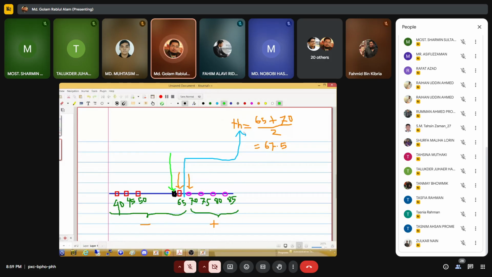According to our threshold, which is 67.5, let's say the weight of the test instance is 63. As 63 is below our threshold of 67.5, the model will return that this is a patient with no obesity.